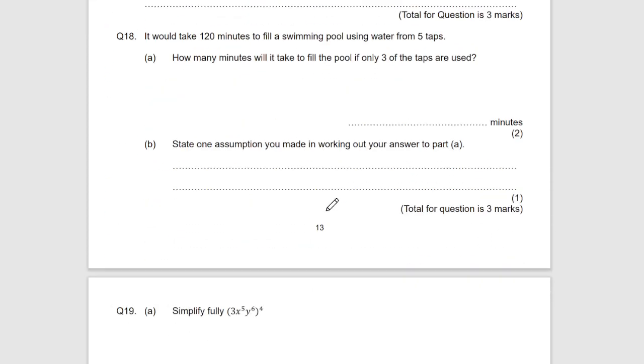Okay, question 18 then. It would take 120 minutes to fill a swimming pool using water from 5 taps. How many minutes will it take to fill the pool if only 3 taps are being used? So in effect, we've got an inversely proportional problem here.